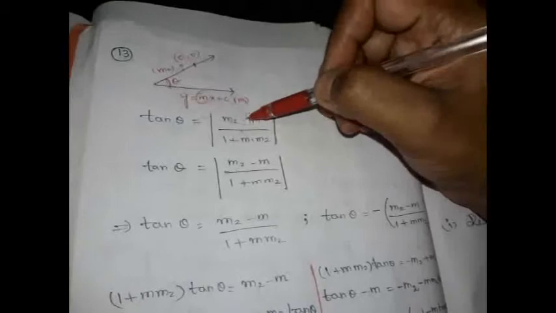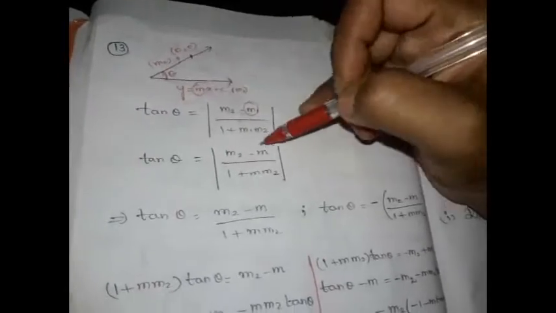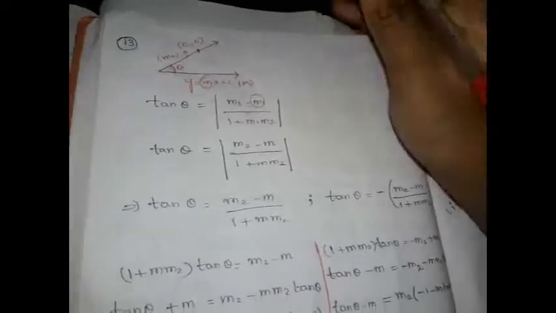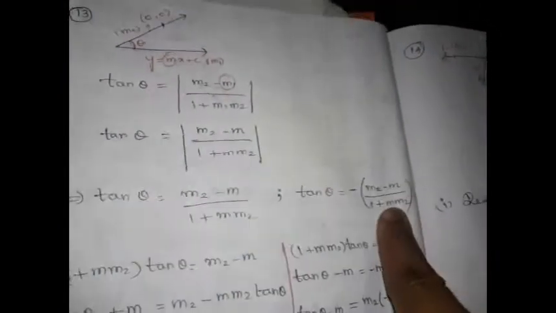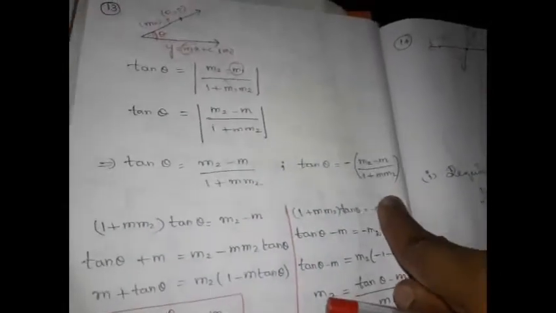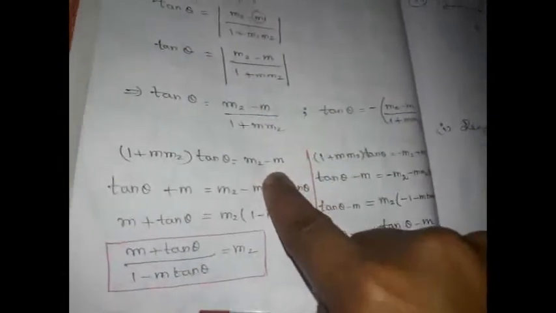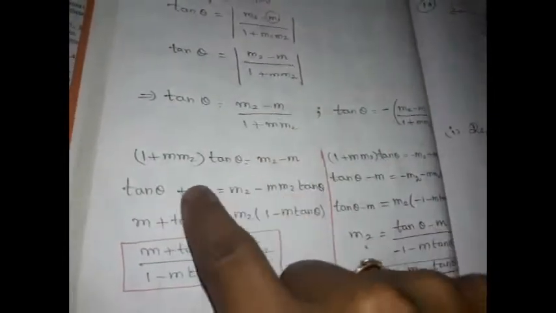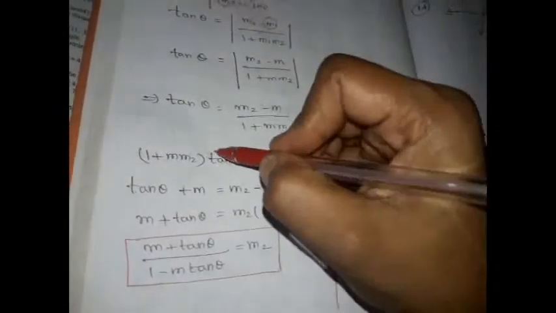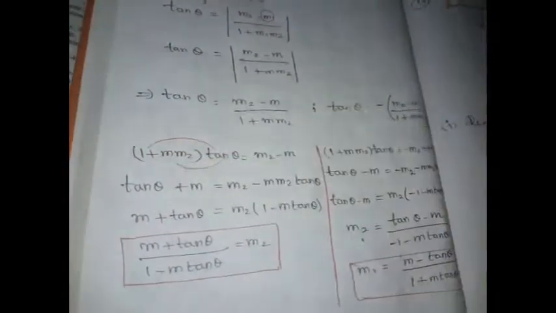Here the m1 value is m, so I have replaced m1 as m. As I told you, since this is inside modulus, we will have two values: one is plus of this, another one is minus of this. So let us see what the value of m2 is here. Cross multiply, then multiply each and every term, tan theta into this.